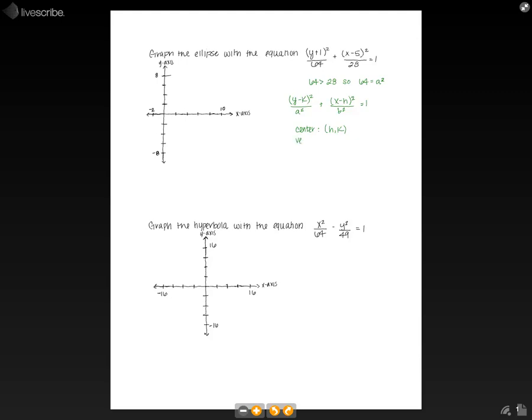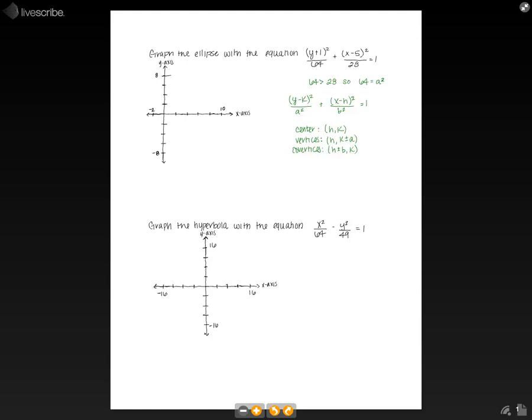Our vertices are going to be at h comma k plus or minus a, and our co-vertices are going to be at h plus or minus b comma k. Our goal is to find the vertices, co-vertices, and center, and then graph.